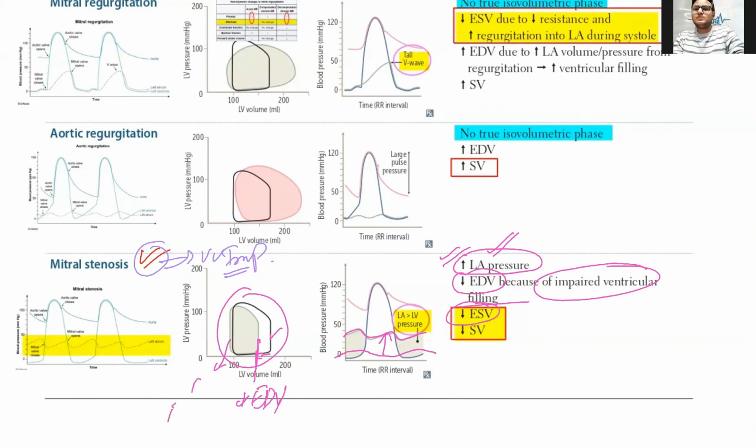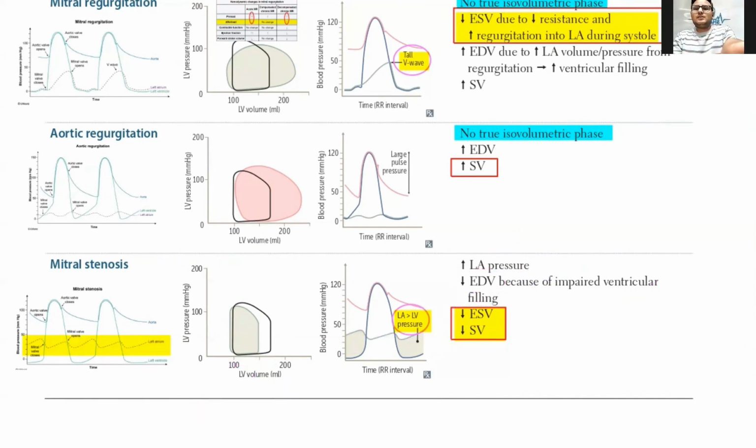There is also decreased stroke volume because both end diastolic and end systolic volumes are decreasing, and the difference between them is also decreasing. The base level is at this position, but it is going upward. This is seen in mitral stenosis.